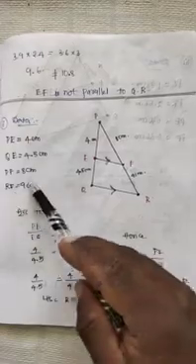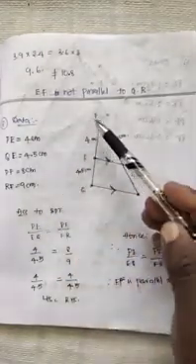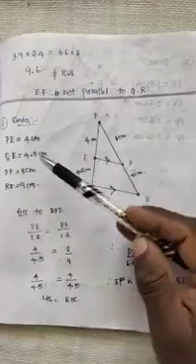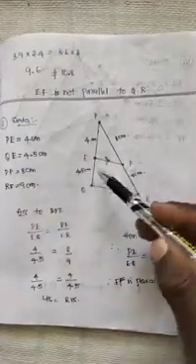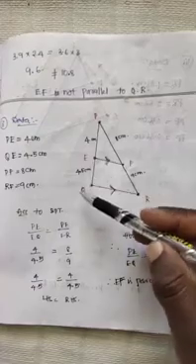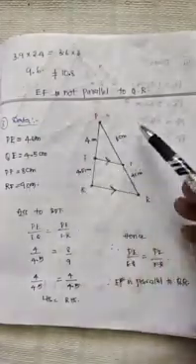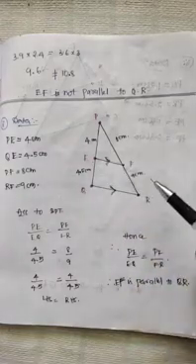On substituting the given values in the figure, PE is equal to 4 centimeter, EQ is equal to 4.5 centimeter, PF is 8 centimeter and RF is 9 centimeter.